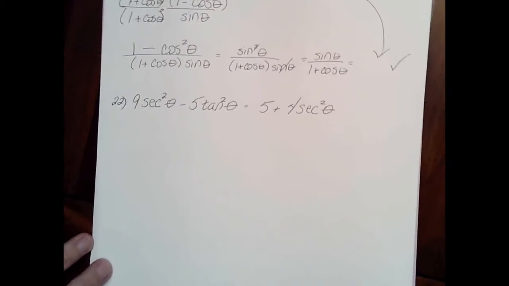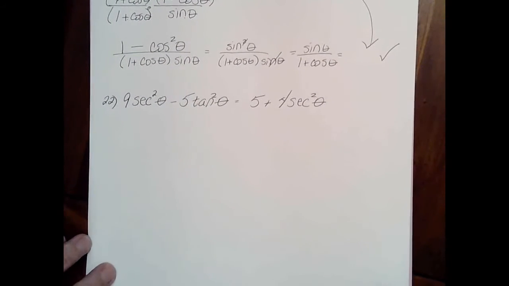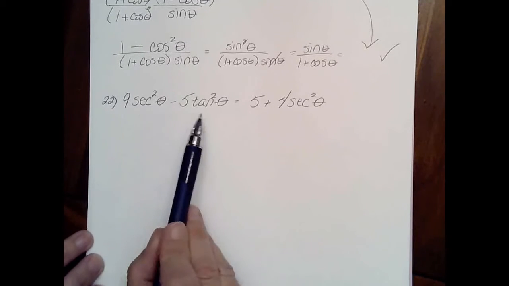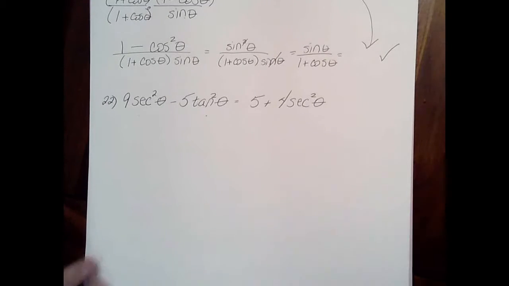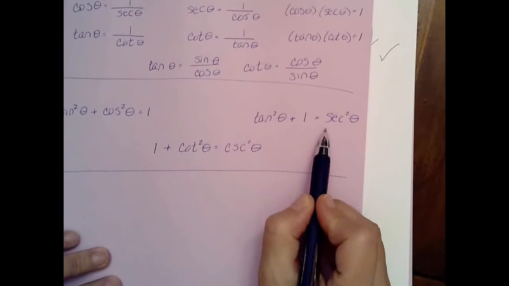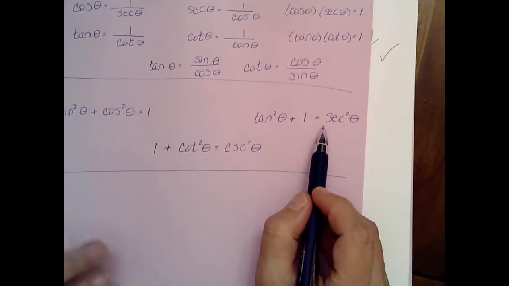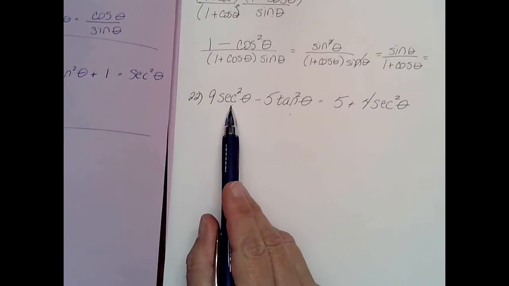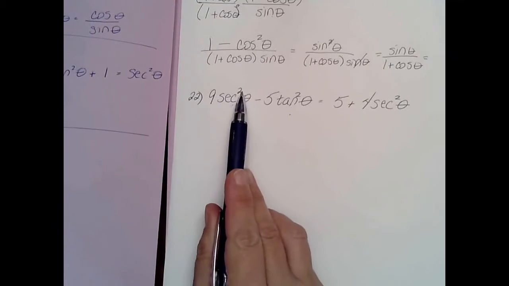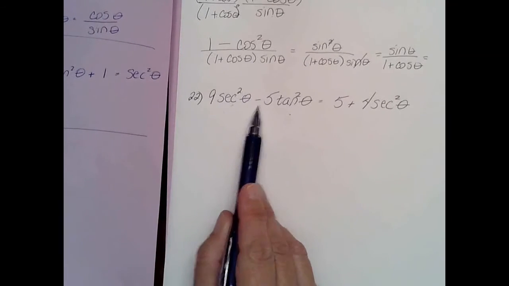Okay. There's a lot happening here. Secants and tangents. Let's take a look. This is where my secants and tangents are. But the way they have it, they have secant squared theta minus a tangent squared theta.